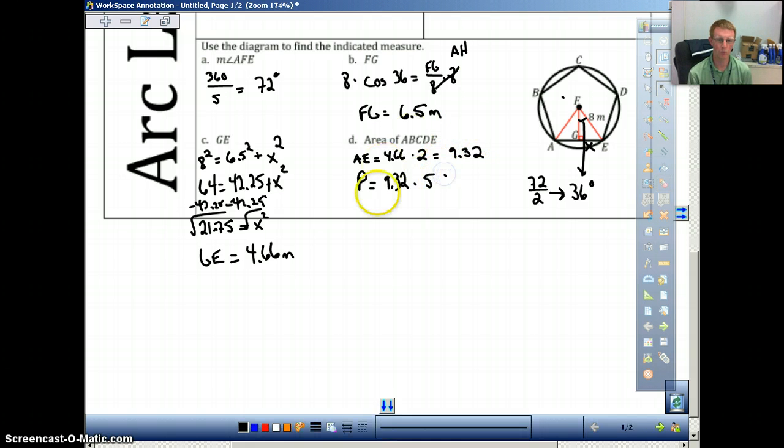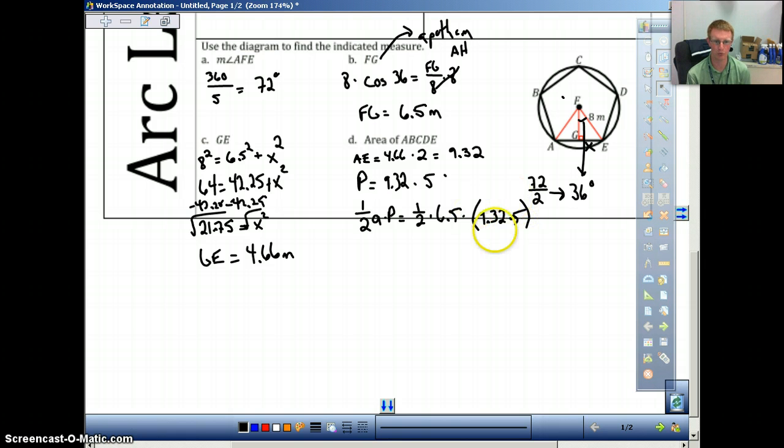And then we're just going to use our formula. It'll be 1/2 times A times P, which is equal to 1/2 times our apothem, which is this right here, that's our FG. This right here is our apothem. So that is 6.5, and then times 9.32 times 5.